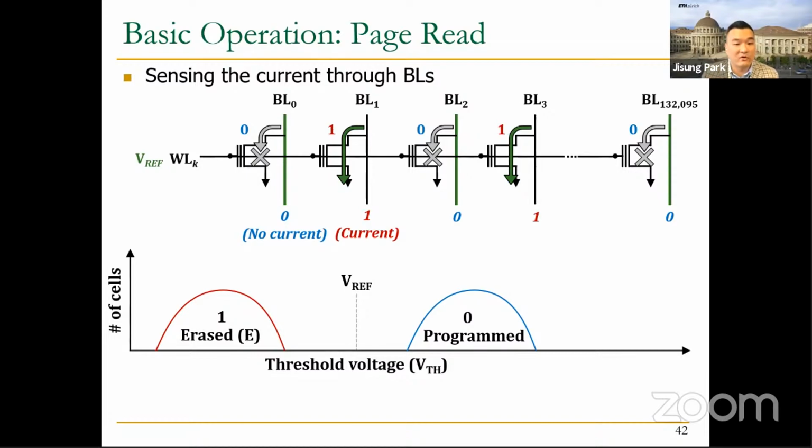If no current flows, the threshold voltage is higher than the read reference voltage, and it reads as 0. While if the current flows through the bit line and the NAND string, the cell reads as 1. And for sure, the opposite way of encoding is possible with a different implementation of the sense amplifier that is connected to each bit line. But this encoding scheme is, I would say, more common in commodity NAND flash memory.